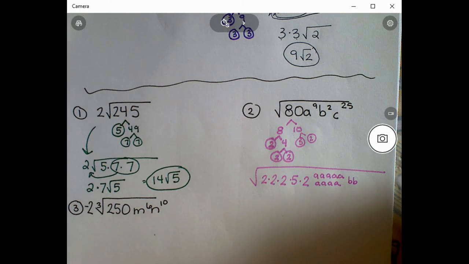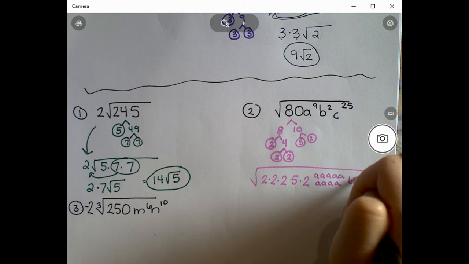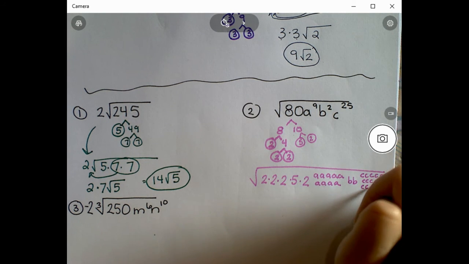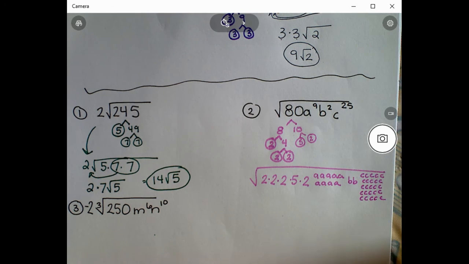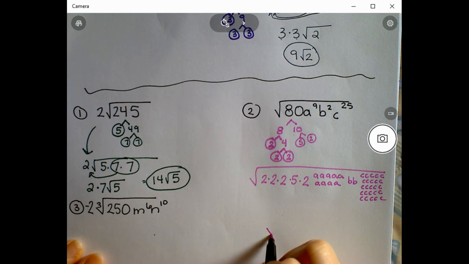That is a lot. I am actually going to write them out for visual purposes, but normally I would not. Okay, 25 C's. Now, we're at the stage where we want to pull out pairs, 2 of the same thing, to put in our final answer.